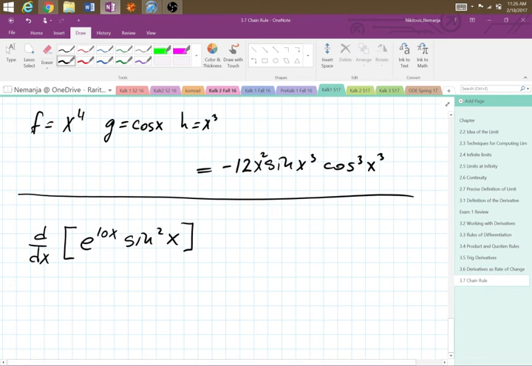Does it work? Yeah. So what is the technique that we use? Product rule. Nice. Why? Because two separate functions here, two separate functions multiplied.